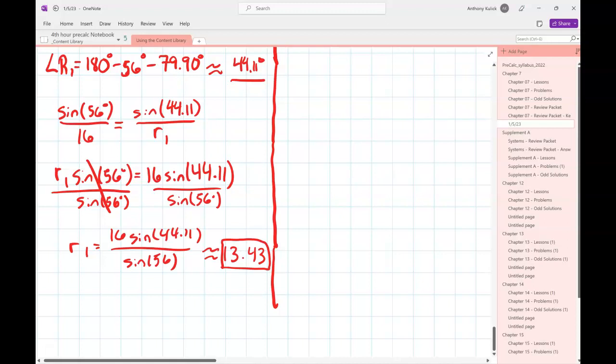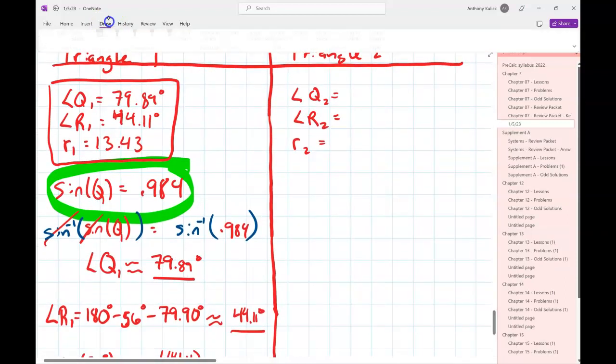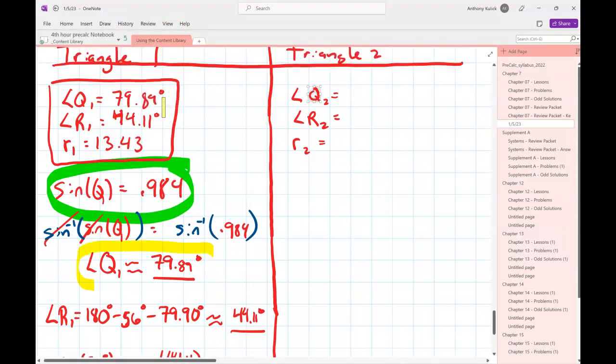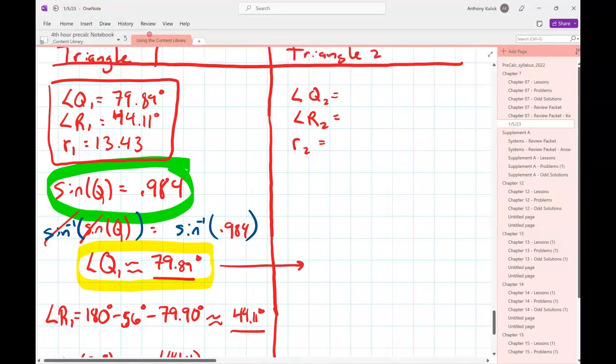Here's the good news. The second triangle is a little bit easier to get the answers for than the first triangle. Here's the trick. This first angle that we found, in this case it was Q1, Q2 is its supplement.